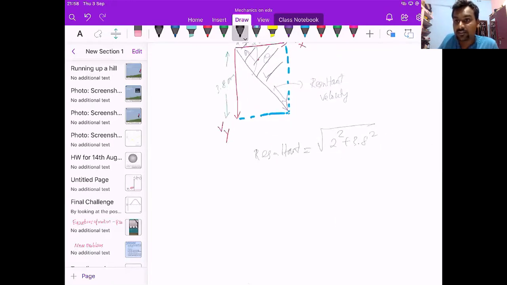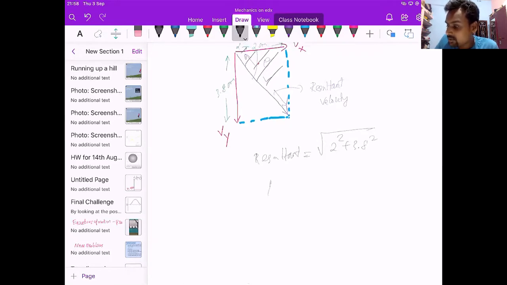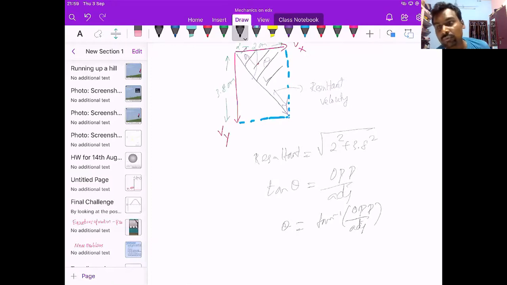That's how we find the resultant velocity algebraically. And what will be the angle? The angle will be found using trigonometry. Tan theta will be equal to opposite by adjacent. You use that to find the angle. So that's how we find the resultant of two vectors using the graphical method or the algebraic method.